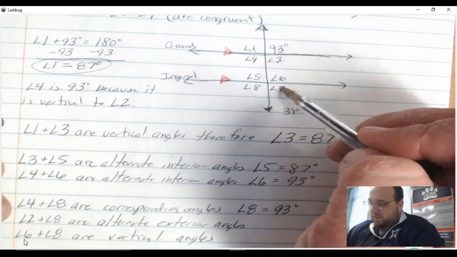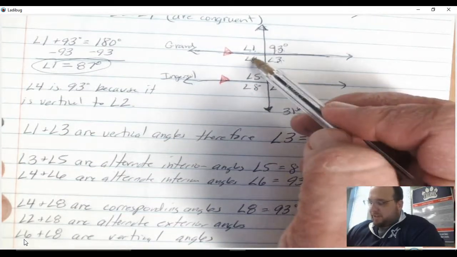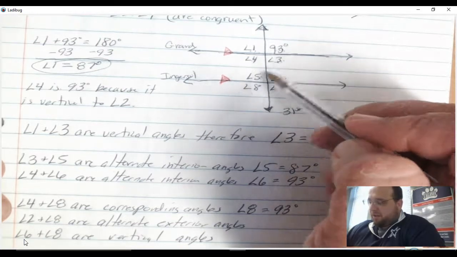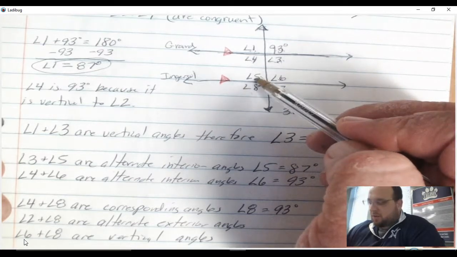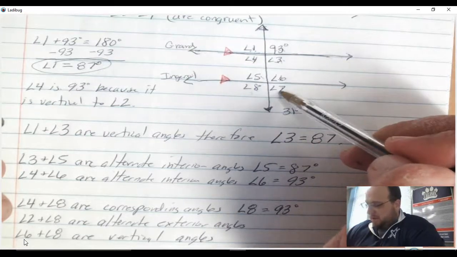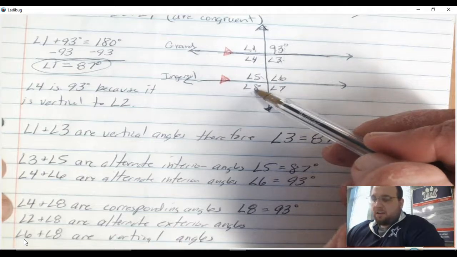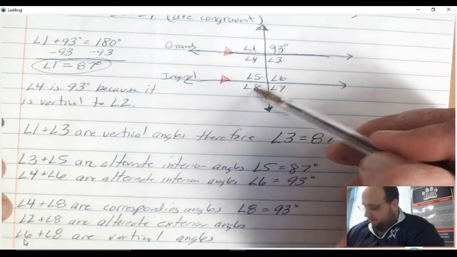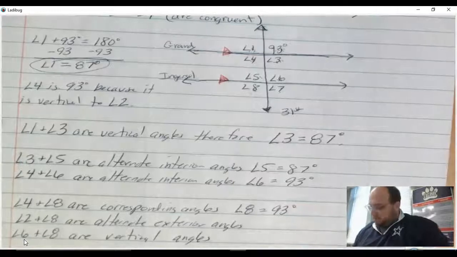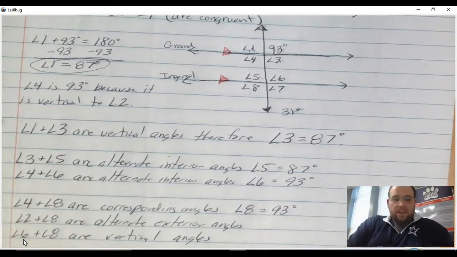Angle 3 and angle 7 are corresponding. Angle 4 and angle 8 are corresponding. Angles 4 and 6 are alternate interior. Angles 3 and 5 are alternate interior, also congruent. Angle 1 and angle 7 are alternate exterior. And 93 and angle 8 are also alternate exterior. Good luck finding your angle measures.